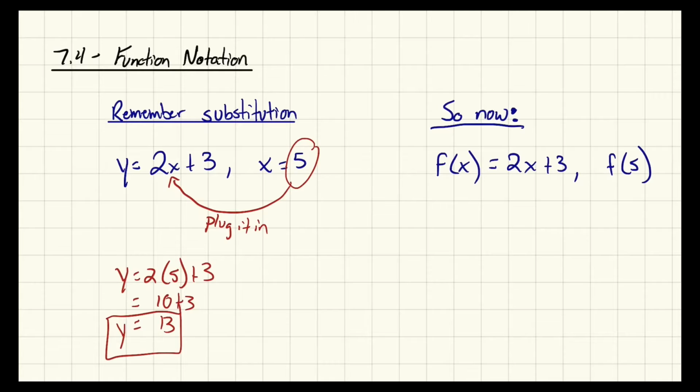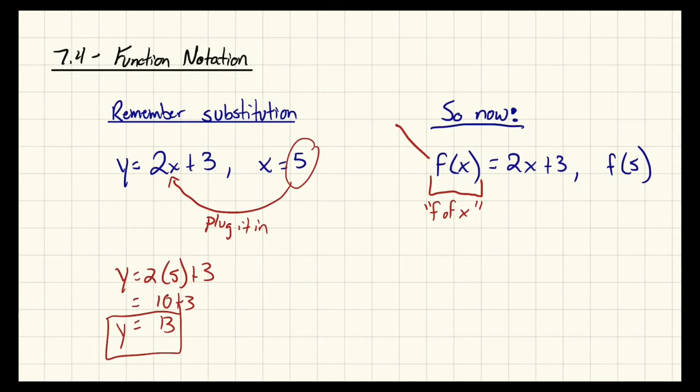So again, we see this term right here. First off, this term is read as f of x. That's how we would read that. That is not a weird f times x situation, right?